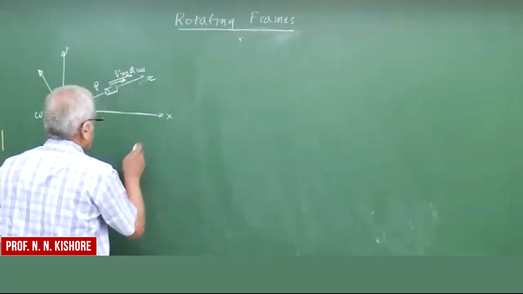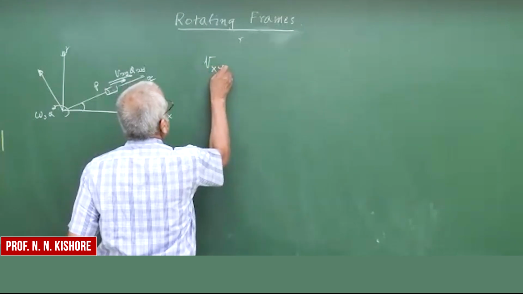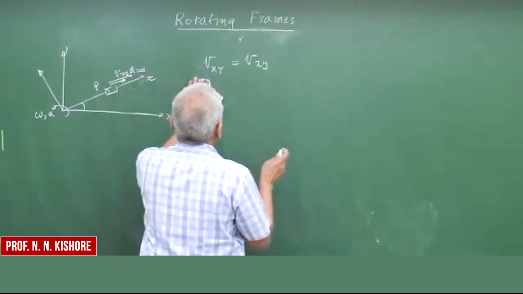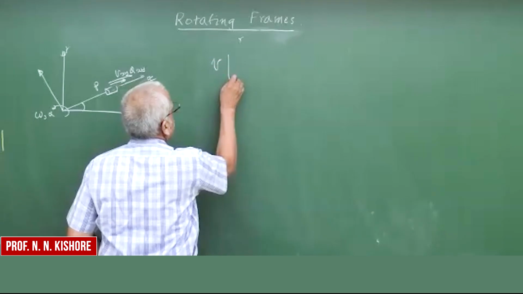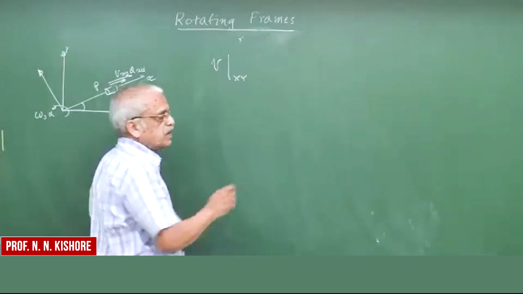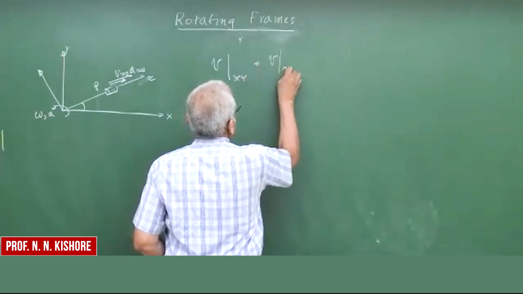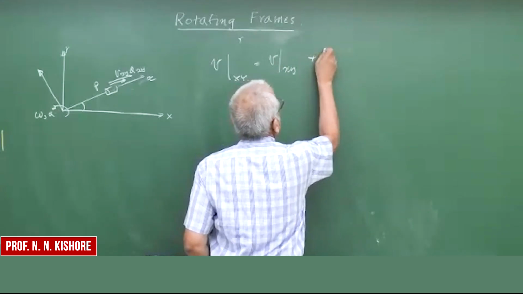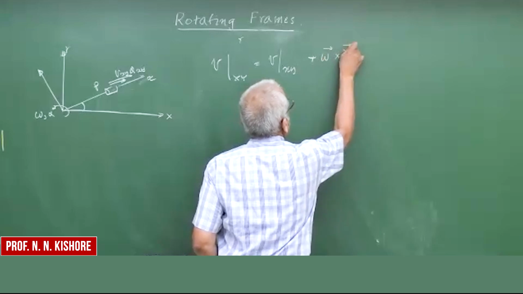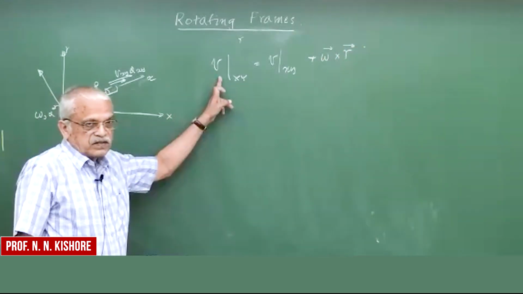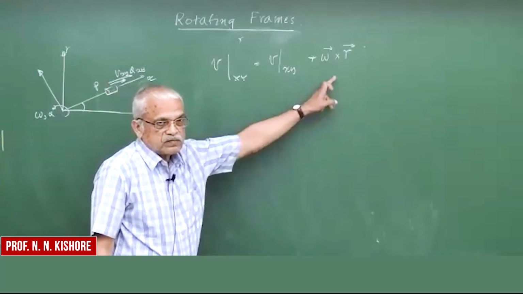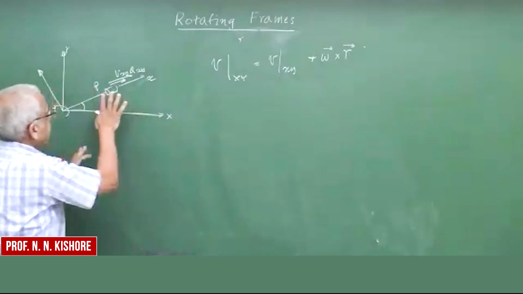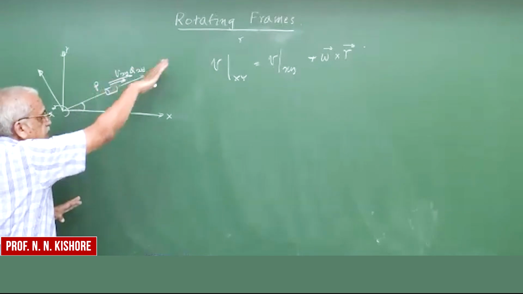For example, the formula here is that Vxy is nothing but V as observed in the fixed frame, V as observed in the small xy frame, and omega cross R. So the observation with the fixed frame has two terms with regard to the rotating frame, because in the rotating frame, the observer only sees that it is moving along the x-axis.